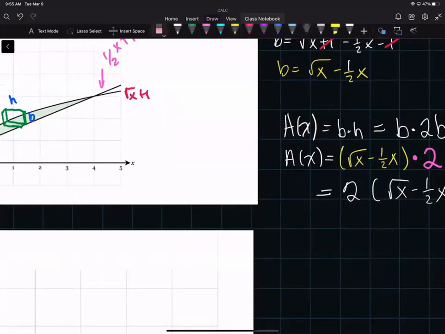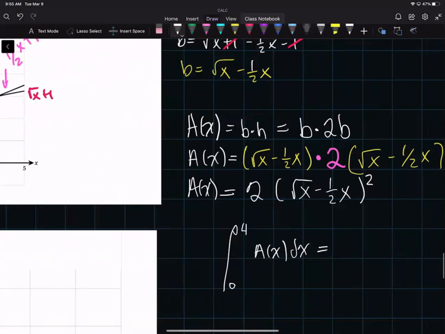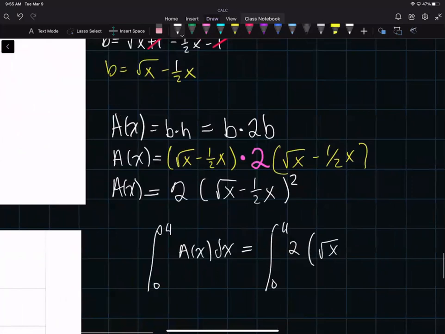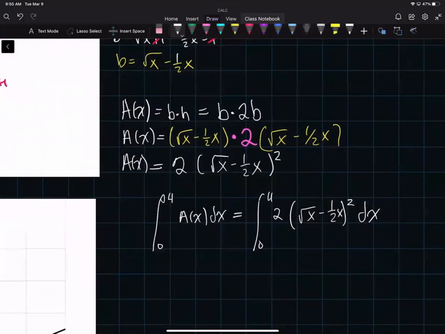And finally, from 0 to 4, a of x dx. So it's going to be from 0 to 4, 2 times radical x minus a half x squared dx. And that's it. I think that you guys can go ahead and put this in the calculator and you'll get your answer.